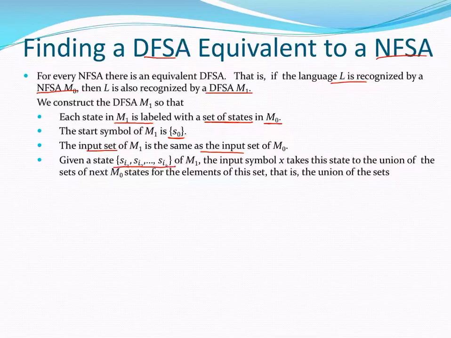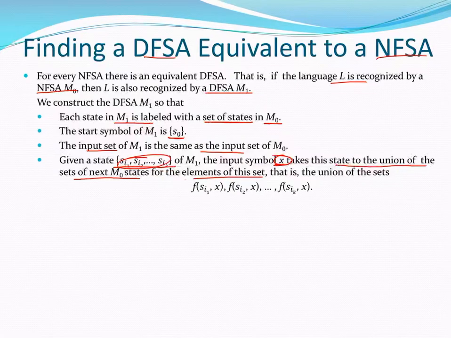And then we'll only be taking one symbol at a time. And then it takes this state to the union of the next states in M0 for the elements in that set. So wherever X maps each of these states in M0, we're going to create a state, if it doesn't exist, that has the union of all those destinations.